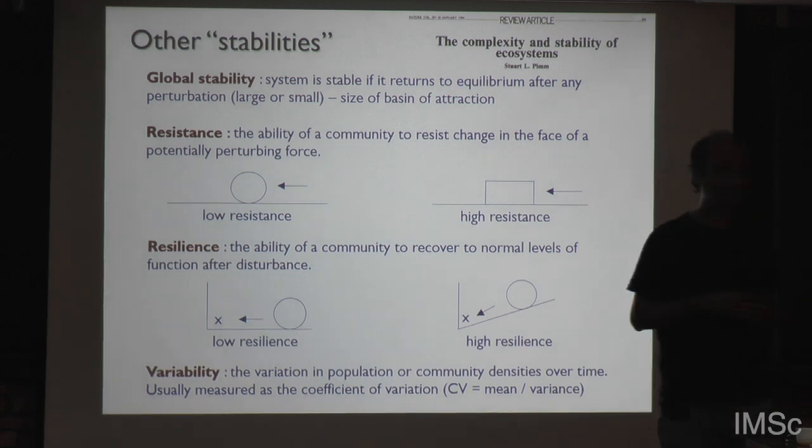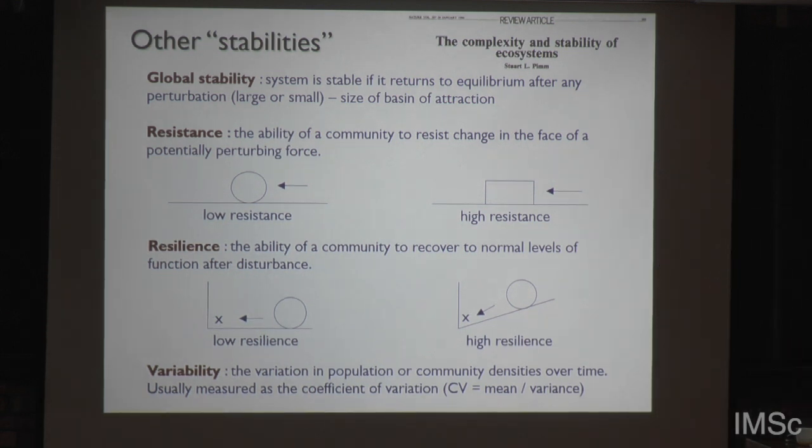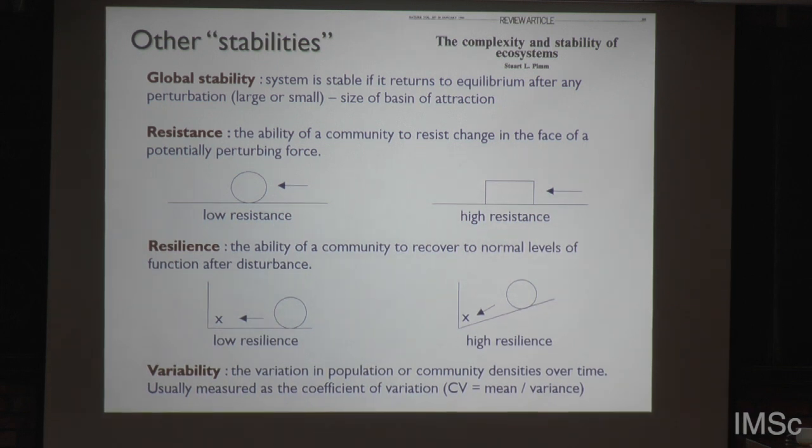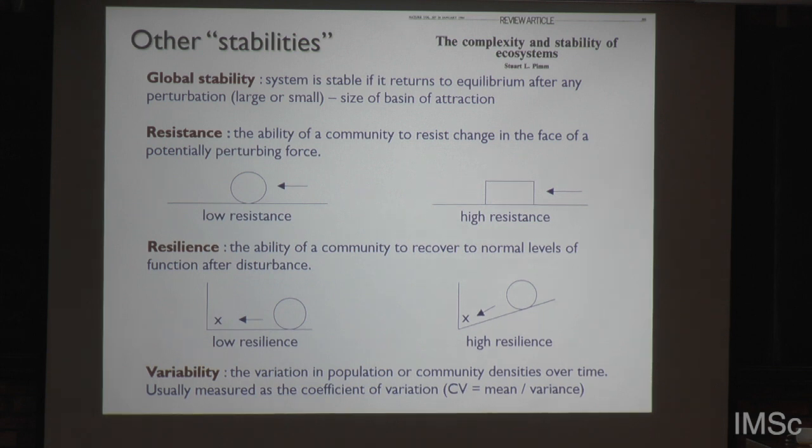But as you might imagine, there was a huge pushback, and there were a lot of ecologists jumping quickly into the fray and pointing out that look, we really don't believe in all these mathematical arguments. Clearly, this is fallacious and so on. Part of the controversy erupted from the fact that when mathematicians talk about stability and when ecologists talk about stability, they are often meaning very different things.